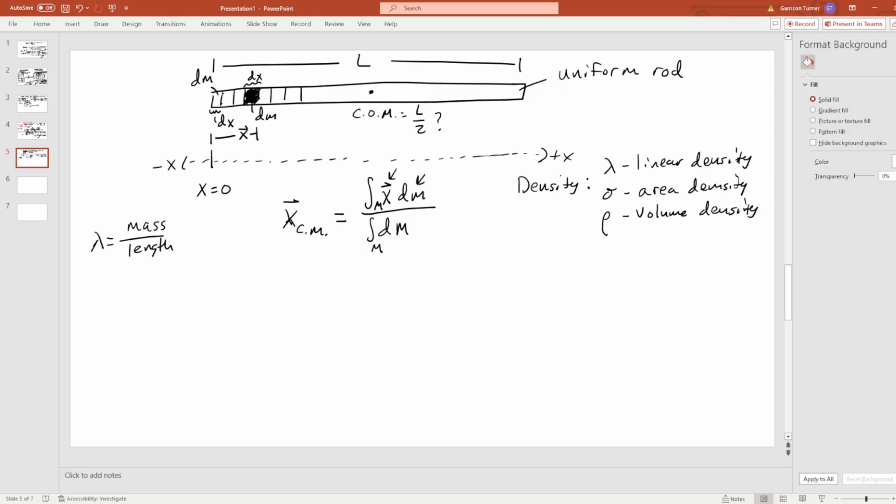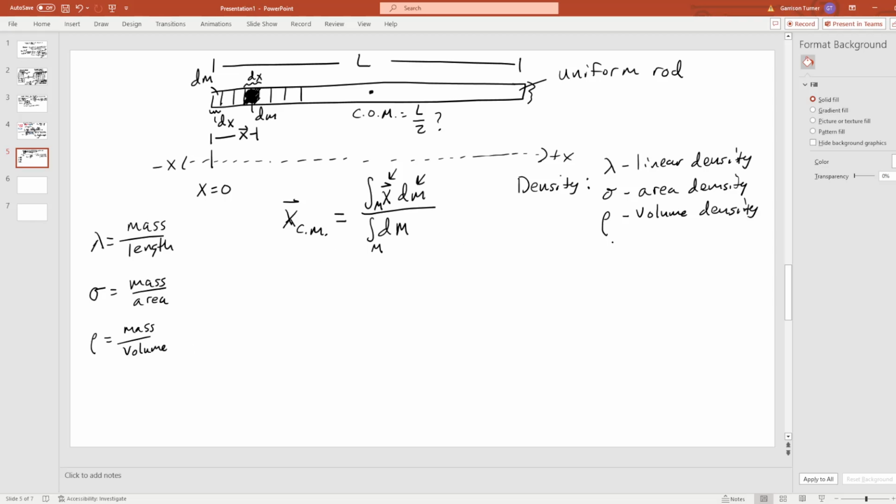If you have a really thin object where the length is much larger than its thickness, then this is a really good approximation. Sigma is mass per unit area. This would be like a really thin sheet, where you can have a lot of area without a lot of thickness, so it makes sense to think about the mass distributed across that area. And rho is mass per unit volume.